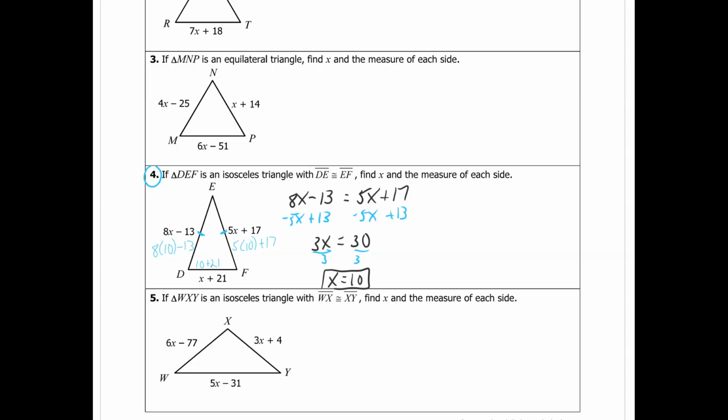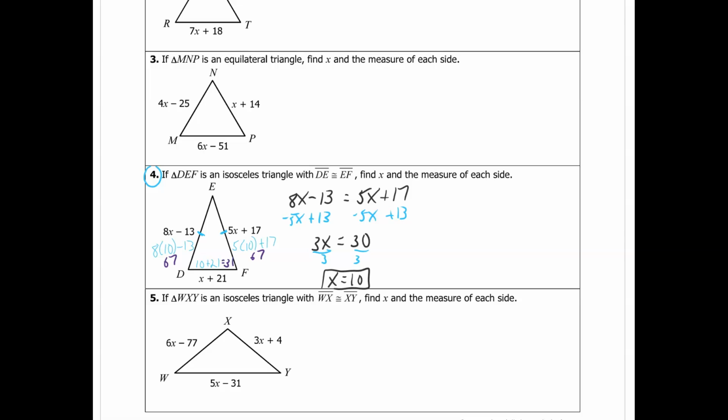Okay, so 80 minus 13, 80 minus 10 is 70, so this would be 67. 50 plus 17 is also 67, and we have that way of checking. We expect them to be the same, and they are. And then 10 plus 21 is 31.